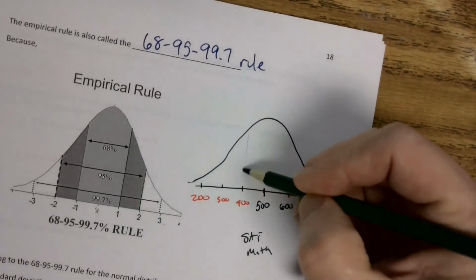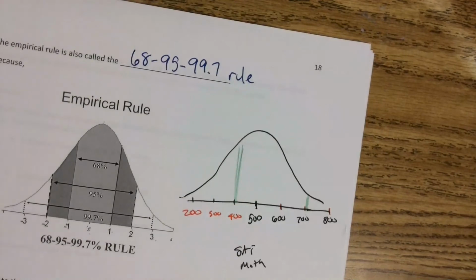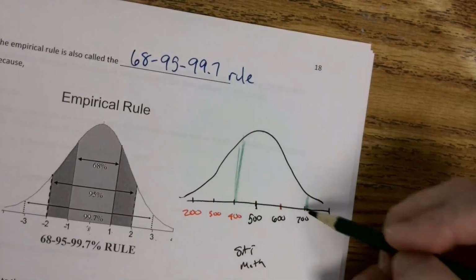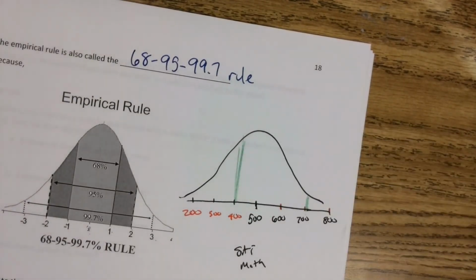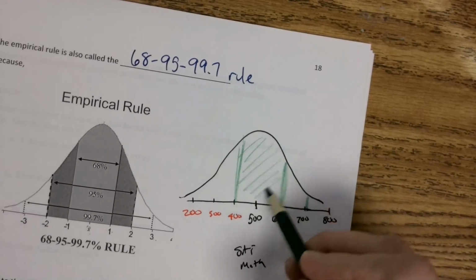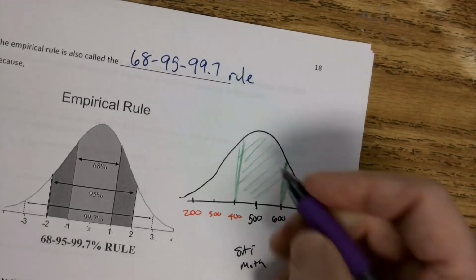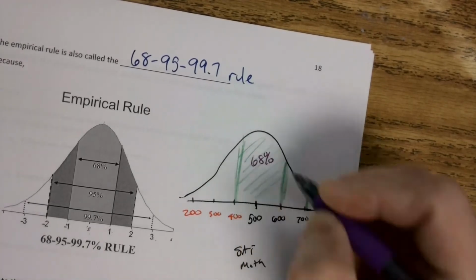So I'm going to make my picture. And I want to know from 400 to 700. Okay. I could draw a line right there because I know what this middle part is. Do you know what that middle part is? That is the 68. Very good. Okay. So that's 68%. So what's this little part right here?